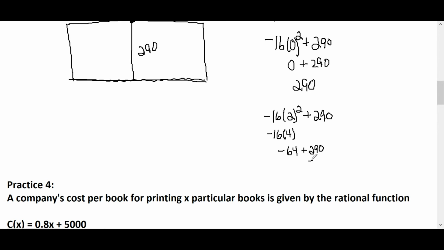All right, I'll just subtract the 64, and I've got 226. So the height of the object is 226 feet. Okay, that was for part 2.